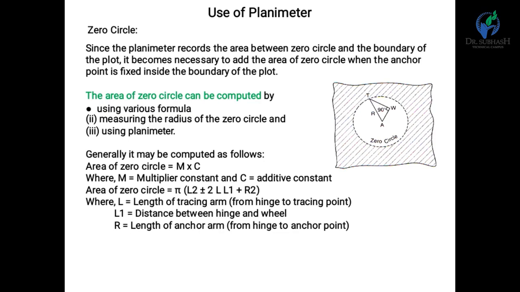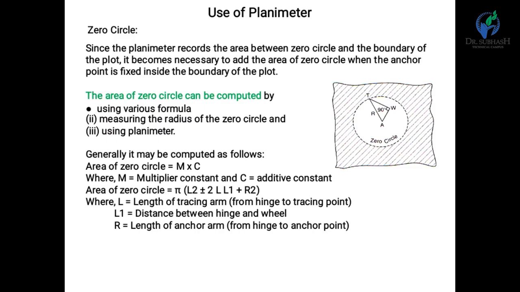The area of the zero circle is computed as follows: area of zero circle is equal to M into c. That is another formula by which we can directly calculate the value of the zero circle.